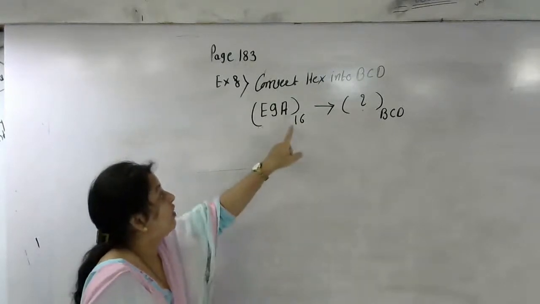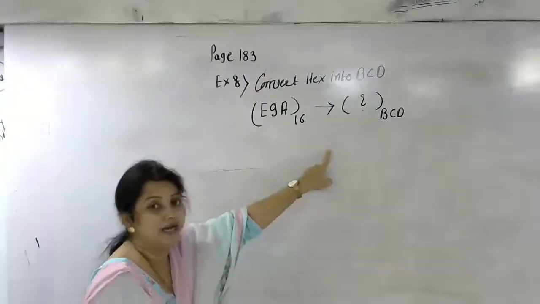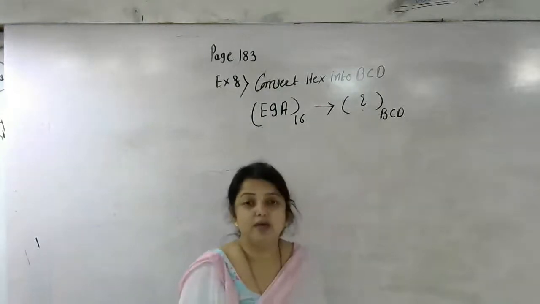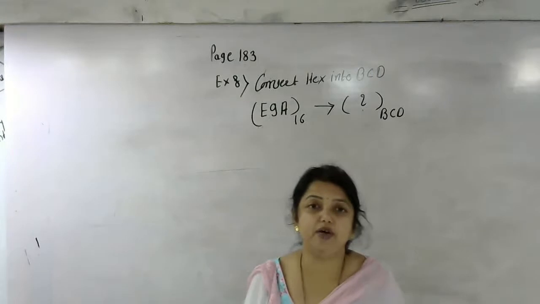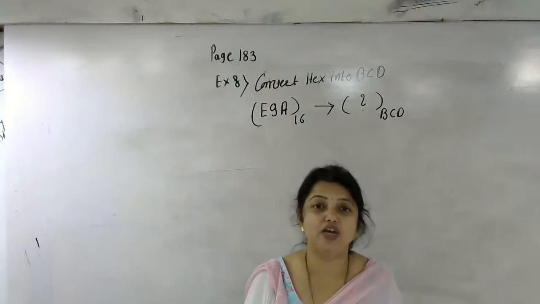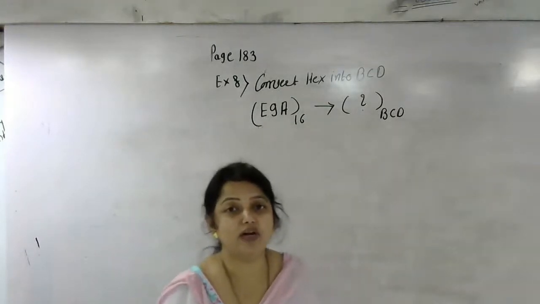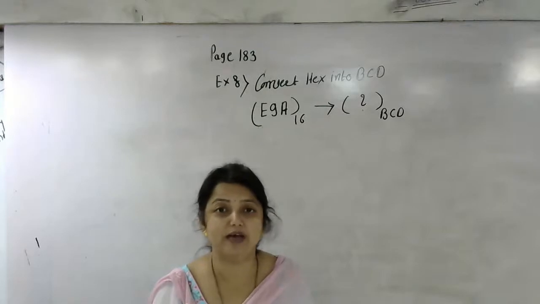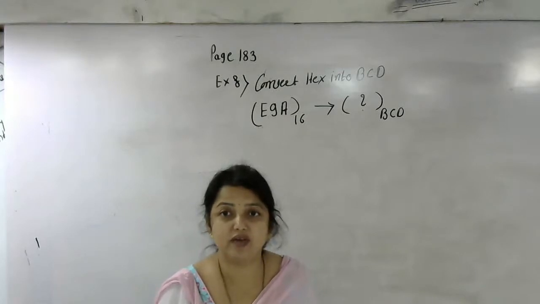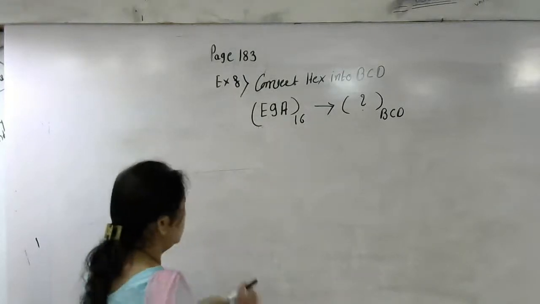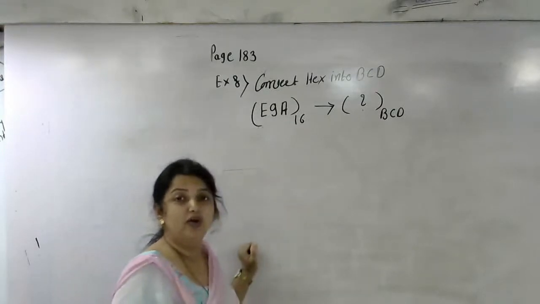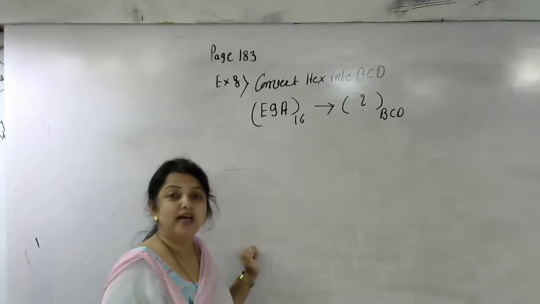First, we go from hexadecimal to decimal, and then we convert decimal into BCD, because we know how to convert decimal into BCD code but not hex directly into BCD. Write down all these answers properly, because all these are board questions.